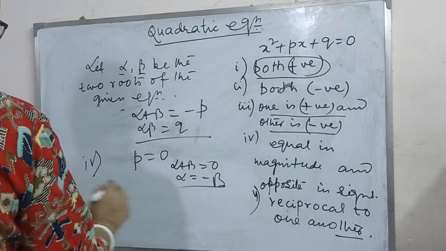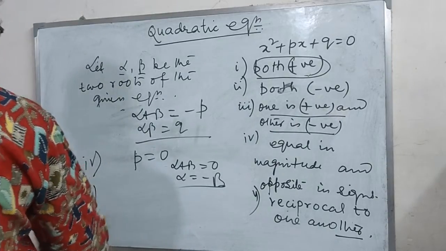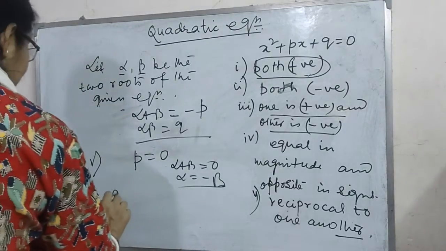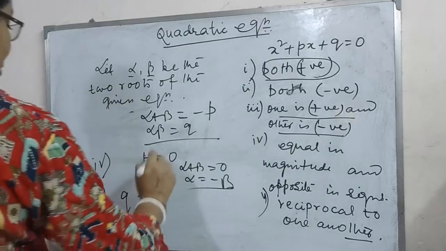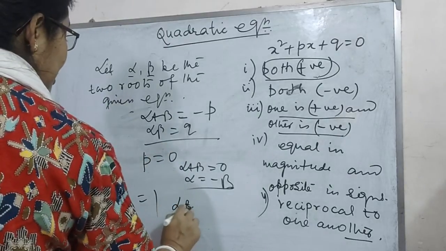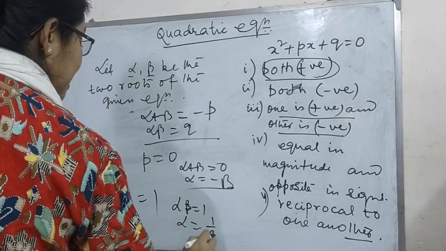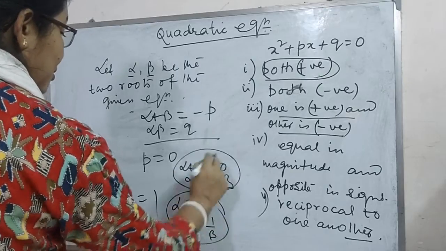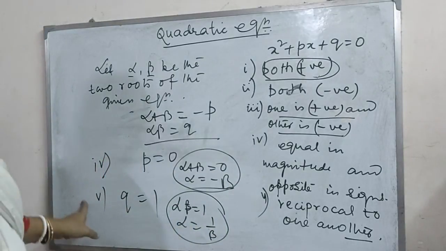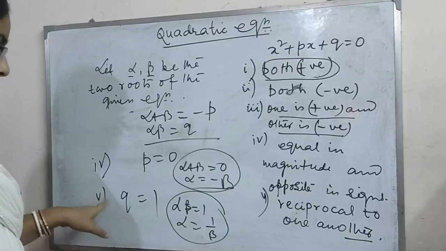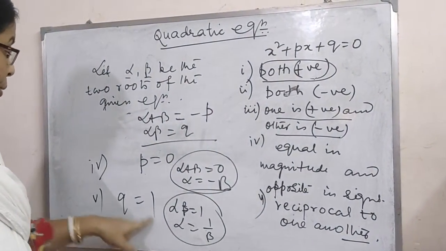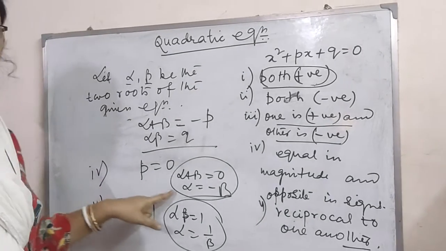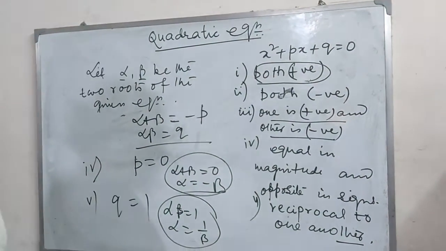The condition for 5 is q equal to 1, reciprocal to one another. If q equal to 1, that means alpha beta equal to 1, so alpha equal to 1 by beta. For 5, the condition is q equal to 1, and for 4, p equal to 0 is the required condition.